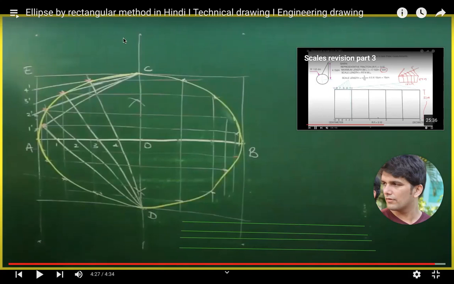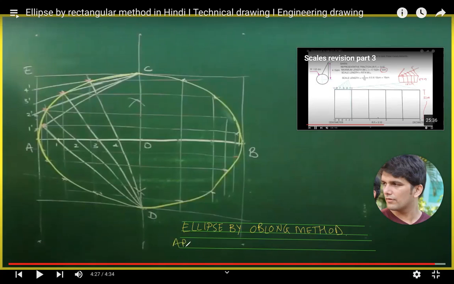You have to draw a guideline, and then in that guideline you have to write ellipse by oblong method. It should be capital.